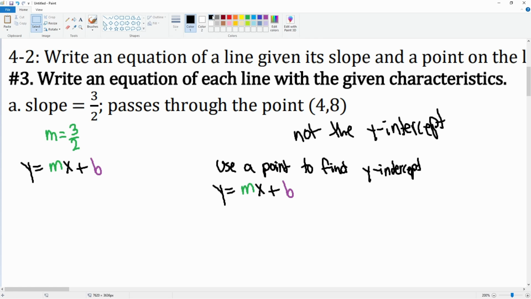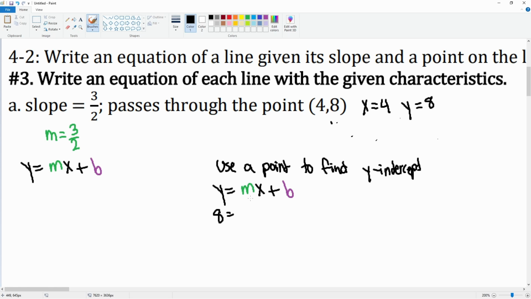You know from the point that x is equal to 4 and y is equal to 8, right? So knowing that, you can now substitute those values in here. So your y is 8, your m is 3/2, your x substituted in with the parentheses of 4, plus b.